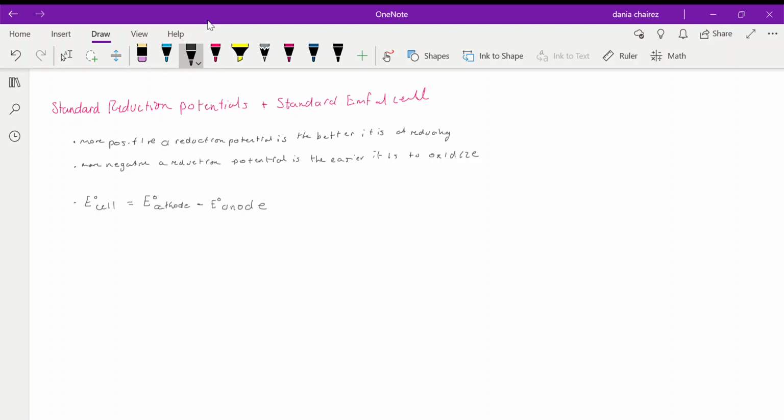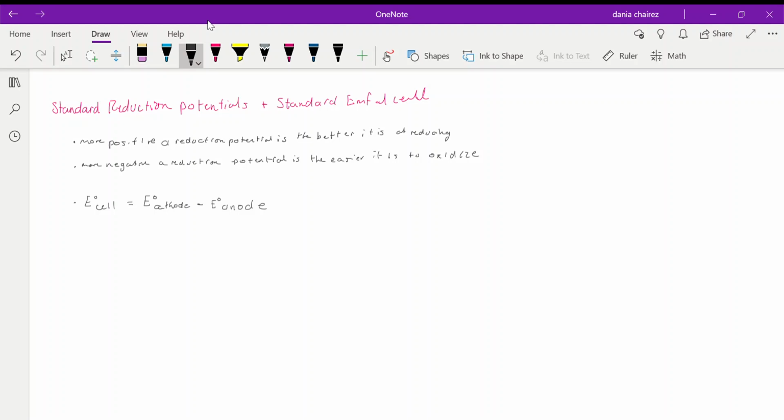Usually the tables that you're given for these problems, because you are given a table, you're not expected to know the E cell or the reduction potential of anything, because it's a lot to memorize, since there's a lot of elements. They each have a reduction potential. So if you need it, they'll give it to you in the problem. But since they're reduction potentials, if it's the anode, that's where your oxidation is happening, so the sign needs to flip.